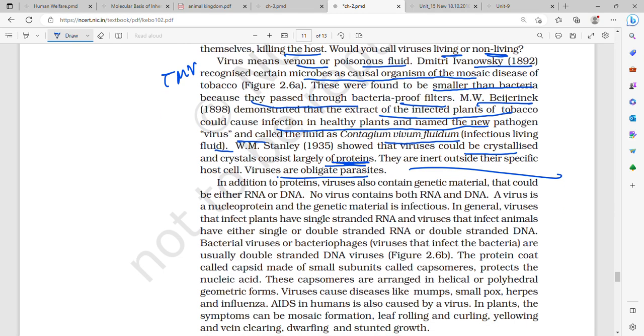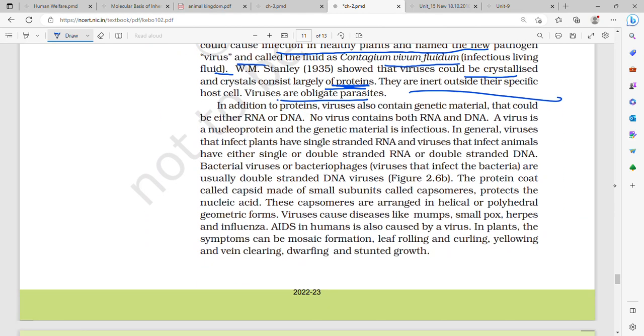They are obligate parasites. In addition to proteins, viruses also contain genetic material. It can be either RNA or DNA. No virus contains both RNA and DNA. A virus is a nucleoprotein, and the genetic material is infectious.